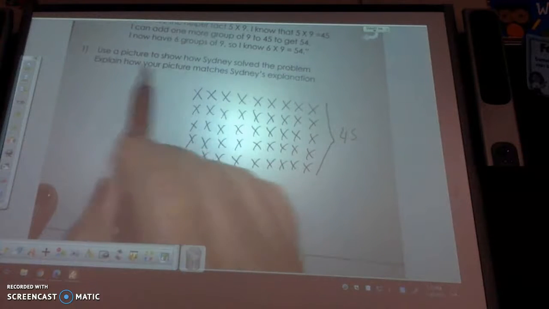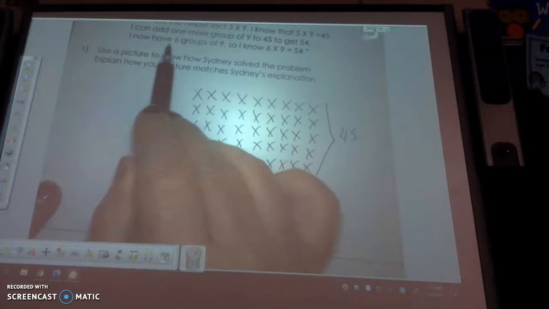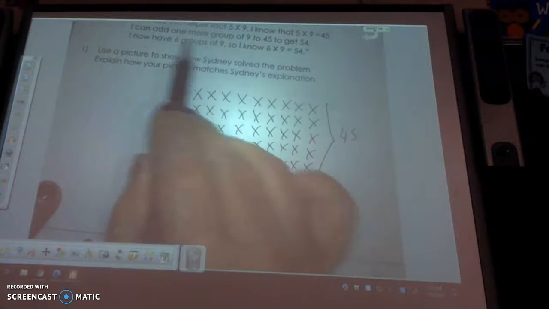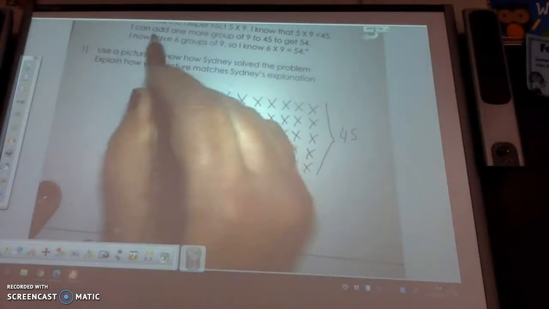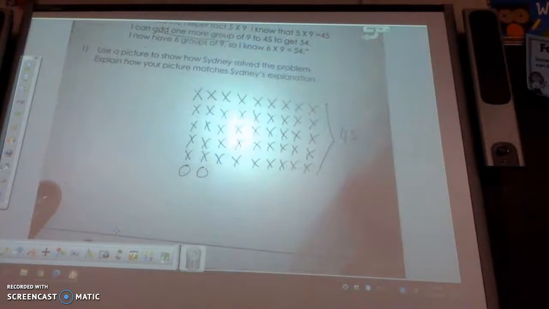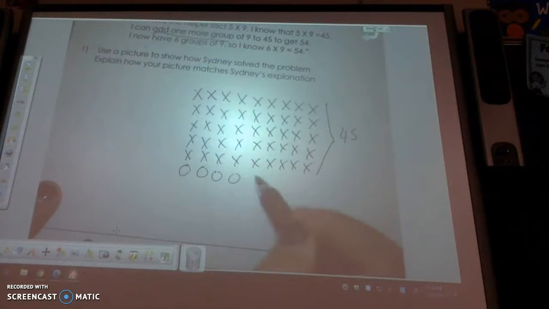So she's going to add another row. That's what she says. I am going to have 6 groups of 9. So I add one more group. She's going to add another group of 9 over here. And now she has 6 times 9. And so she just adds 45 plus 9.